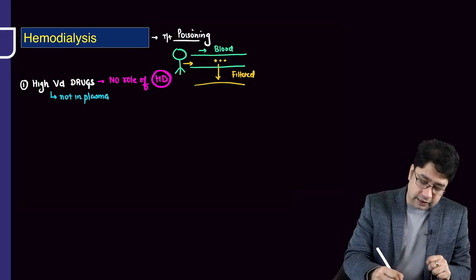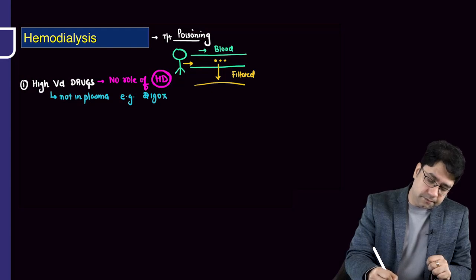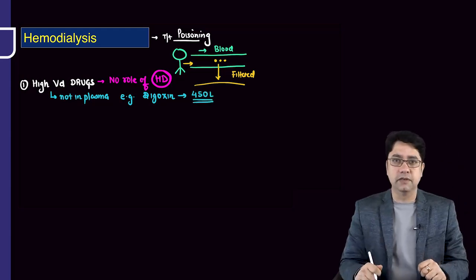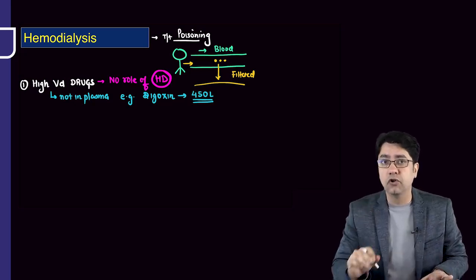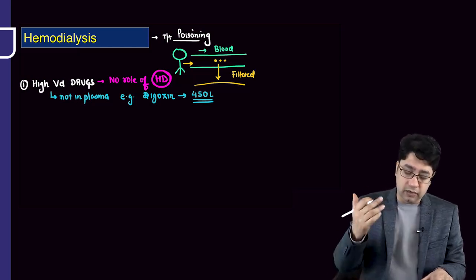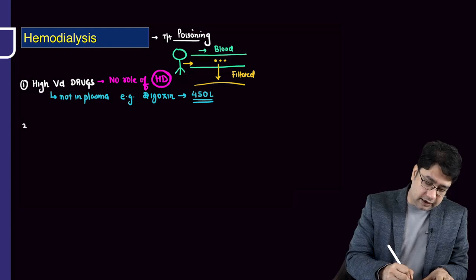So let me give you an example of a high VD drug, that is digoxin. Digoxin volume of distribution is 450 liters. Such a high volume of distribution. So there is no role of hemodialysis in digoxin poisoning. Let's take another example now. Let's say the drug has low volume of distribution.